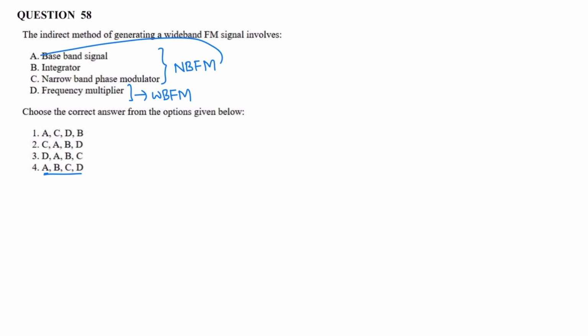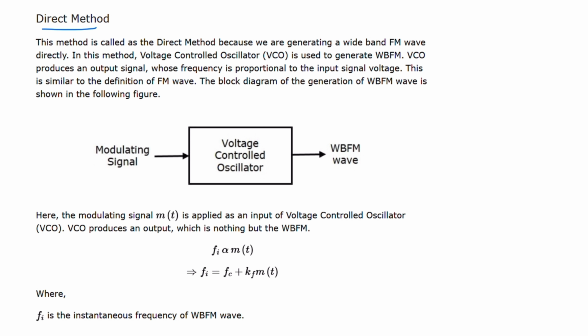This narrowband FM signal is given as input to the frequency multiplier, which generates the wideband FM signal. Correct answer is option 4. In the direct method, a voltage controlled oscillator is used. The modulating signal is directly converted to a wideband frequency modulated signal.